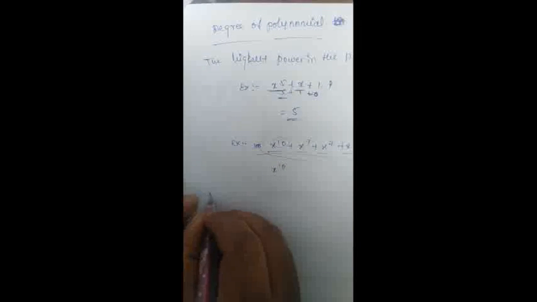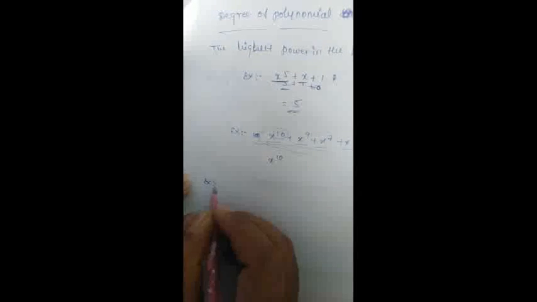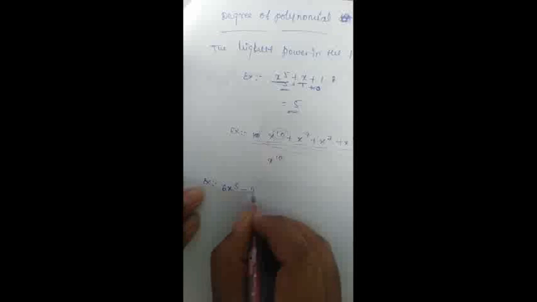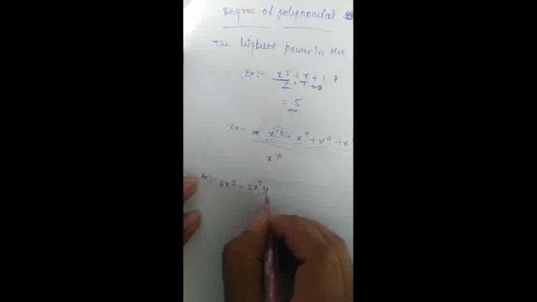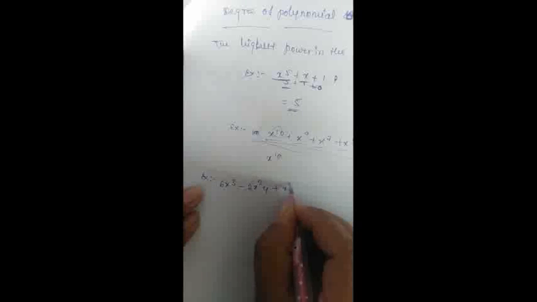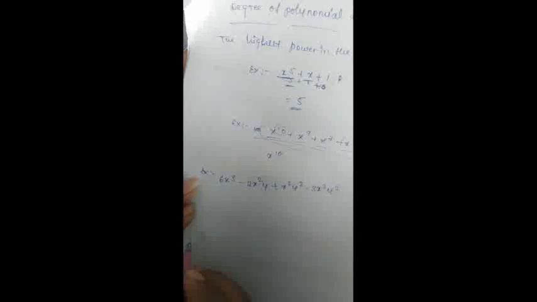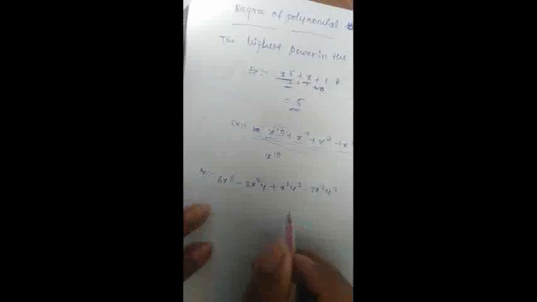One more example: 6x cube minus 2x square y plus x square y square minus 3x square y square. This is a real-time example. In this question, which is the highest degree of the polynomial?